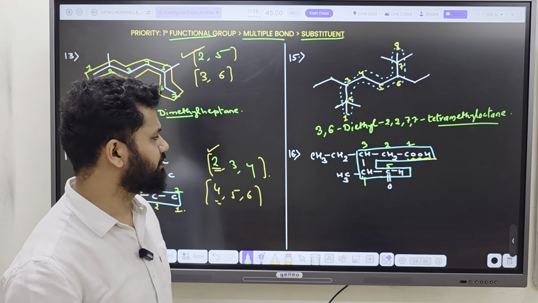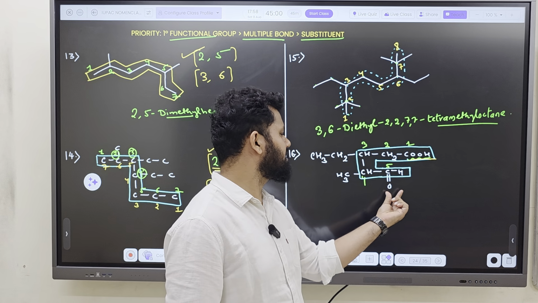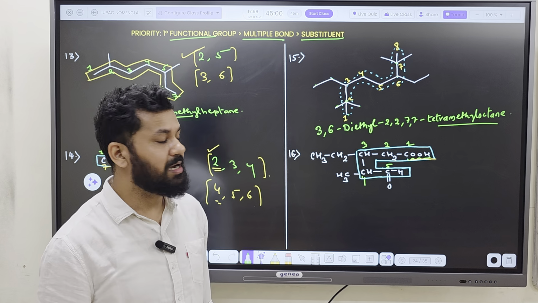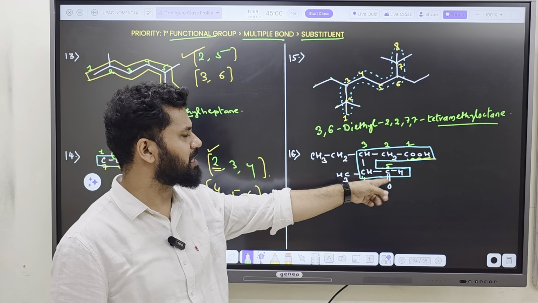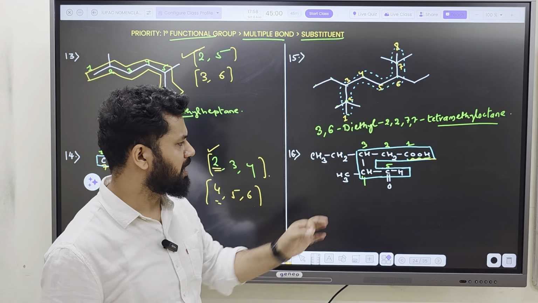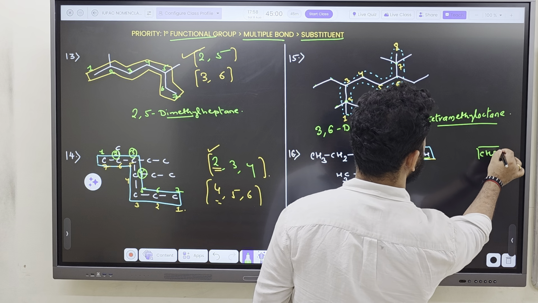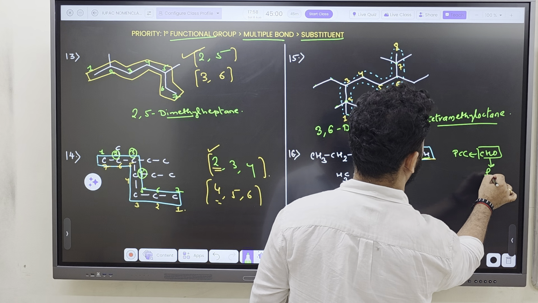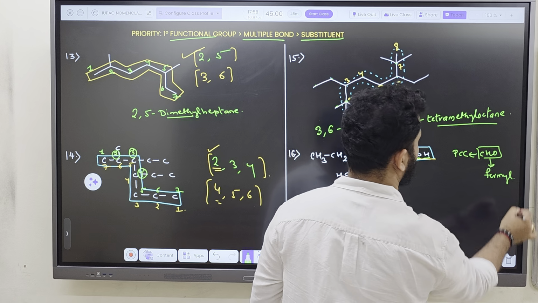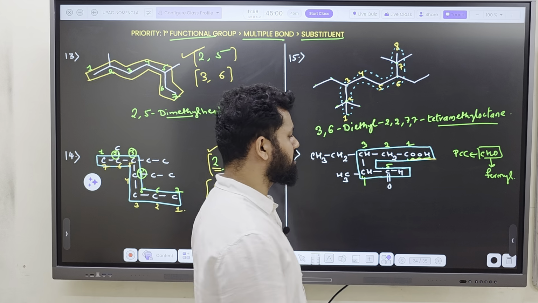The next example is a very good example. We have 2 functional groups, carboxylic acid and aldehyde. Carboxylic acid is higher in priority, the primary functional group. This guy becomes my substituent. Again, let me tell you, if the CHO group is left outside the PCC, then its name is formyl. The prefix becomes formyl when CHO is completely out.